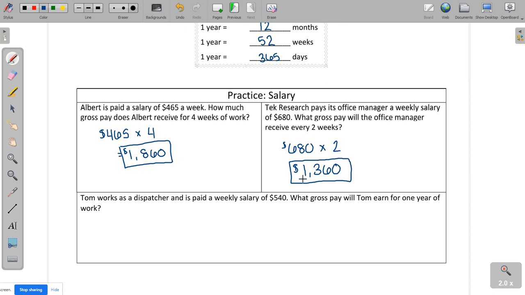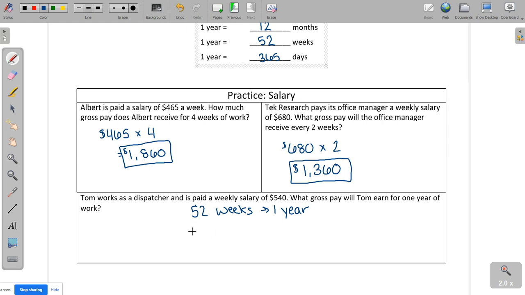The last problem we're going to look at today says Tom works as a dispatcher and is paid a weekly salary of $540. What gross pay will Tom earn for 1 year of his work? So we need to figure out how many weeks are in a year, and there is 52 weeks in 1 year.